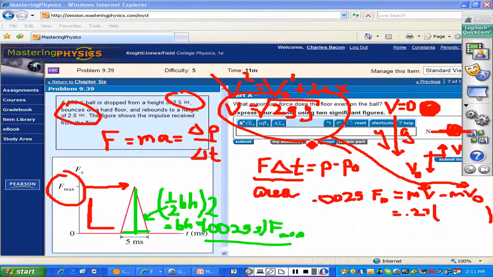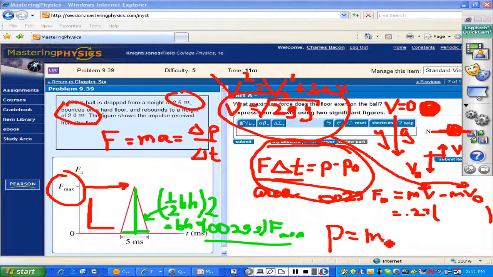And so again, we're using a general relationship, the impulse momentum theorem, with the definition of momentum. Remember, p equals mv. Try to find out what is the maximum force exerted on this object as a result of a collision with the Earth. All right, I think that's it.